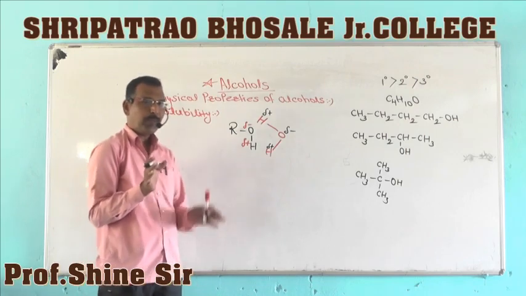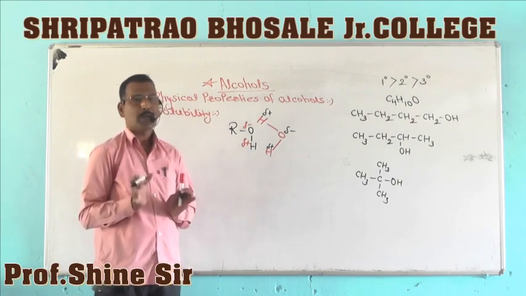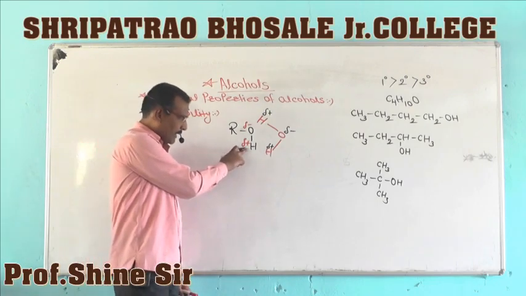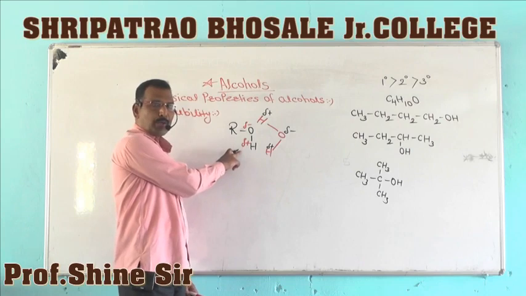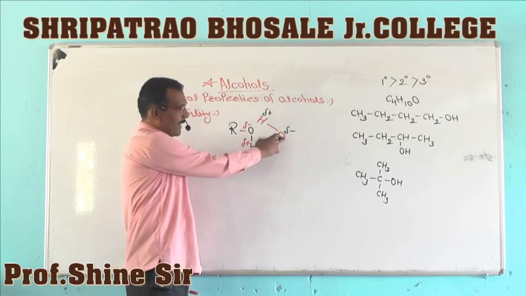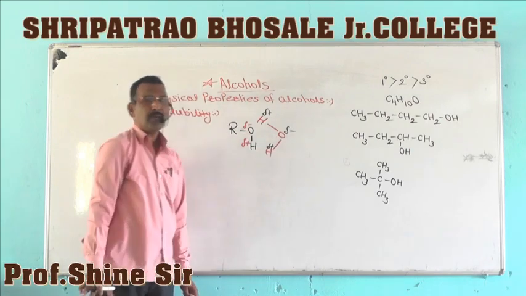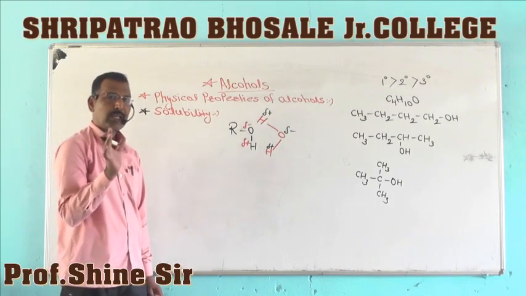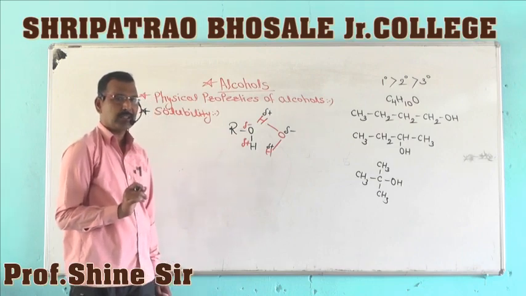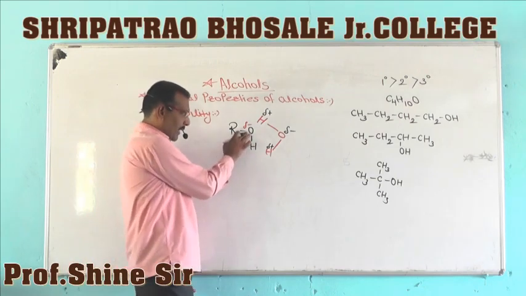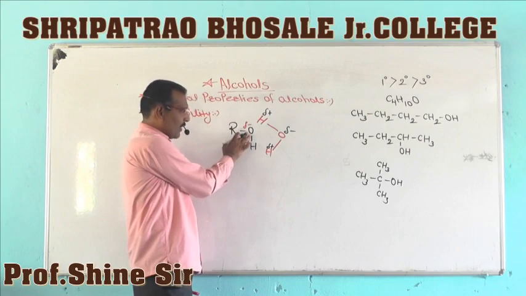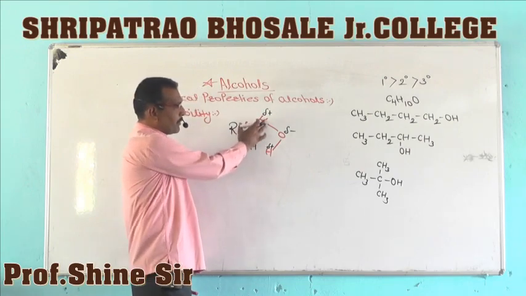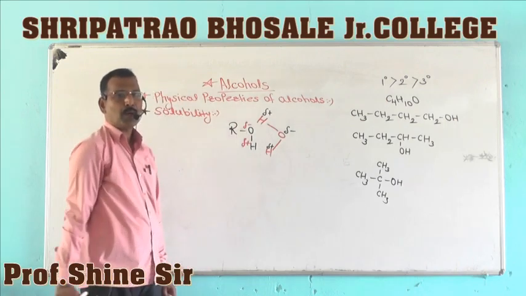So when alcohol is dissolved in water, what happens? The positively charged hydrogen of the alcohol molecule is strongly attracted towards the negatively charged oxygen of the water molecule, because they are unlike charges. Similarly, the negatively charged oxygen of the alcohol molecule is strongly attracted towards the positively charged hydrogen of the water molecule.